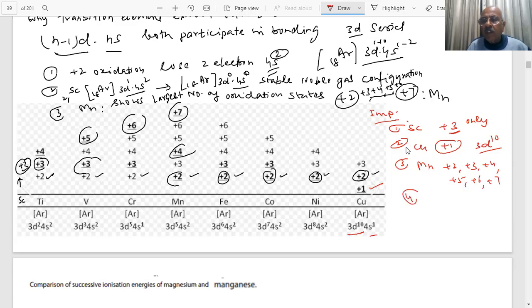The trend is that the number of oxidation states increases, is maximum in the middle, and then drops, because after the maximum number of unpaired electrons, more and more electrons are paired and participation in bonding becomes less.